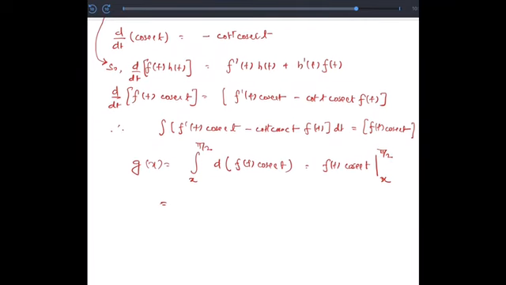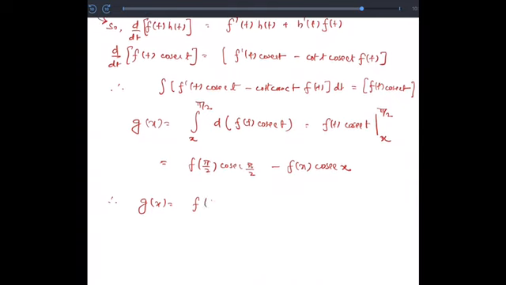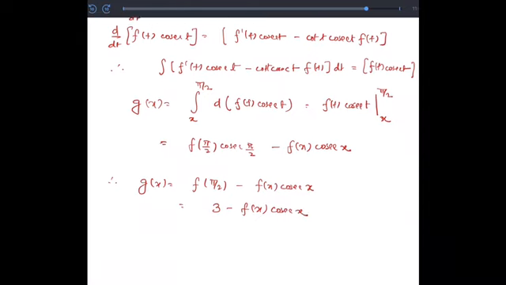Now if you put the limits, you will get f of pi by 2 cosec of pi by 2 minus f of x cosec of x. So therefore g of x simply becomes f of pi by 2 minus f of x cosec of x, and f of pi by 2 is 3, so 3 minus f of x cosec of x.